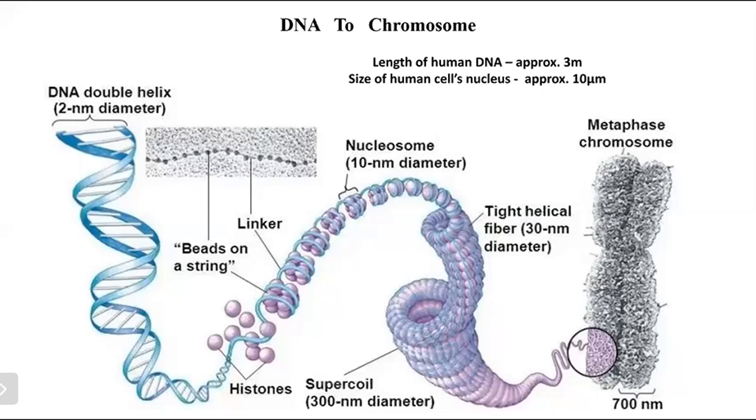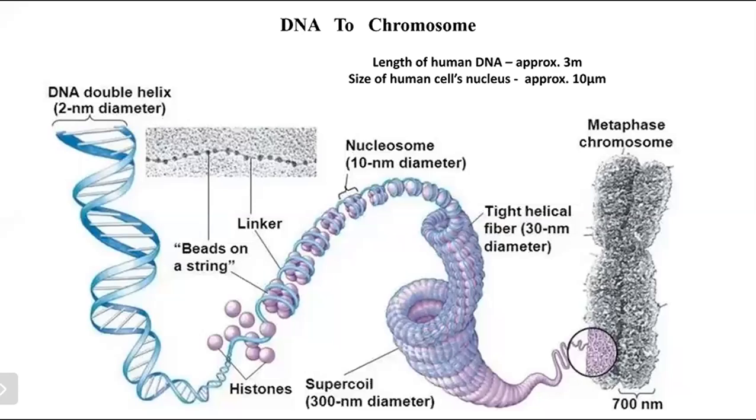Now you can see at the top right, the most right, it is a metaphase chromosome. In that metaphase chromosome, one arm is 700 nanometers, so the entire chromosome is 1400 nanometers.